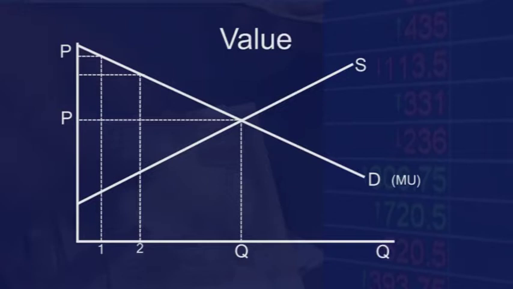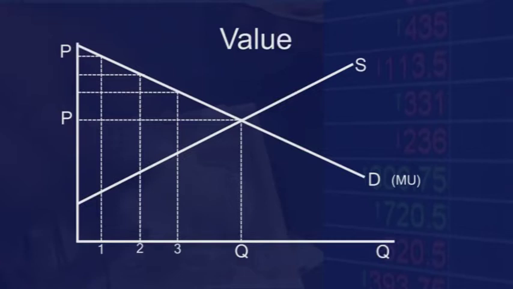Now, you can see the total utility. So if, for example, we were interested in the total utility gained from 3 units, we could say, well, it's the first. That first unit gets that much utility. The second unit gets that much utility.